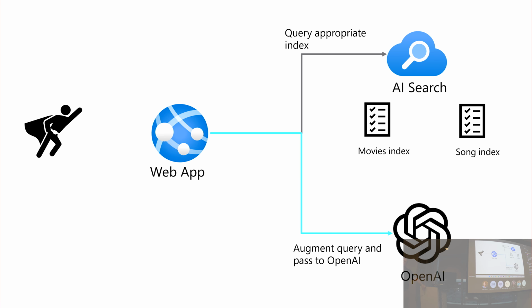But what happens tomorrow when the business comes back and says, hey, we got all this extra data, the song data, a totally different domain. We still want the same web app because we like the interface you built, we like the POC and the MVP you rolled out, but now we need to index more data. And that data has nothing to do with the movies data. And in fact, we have to keep them separate.